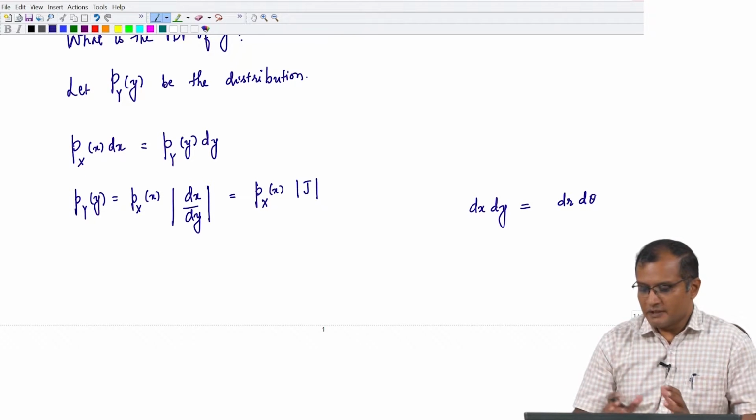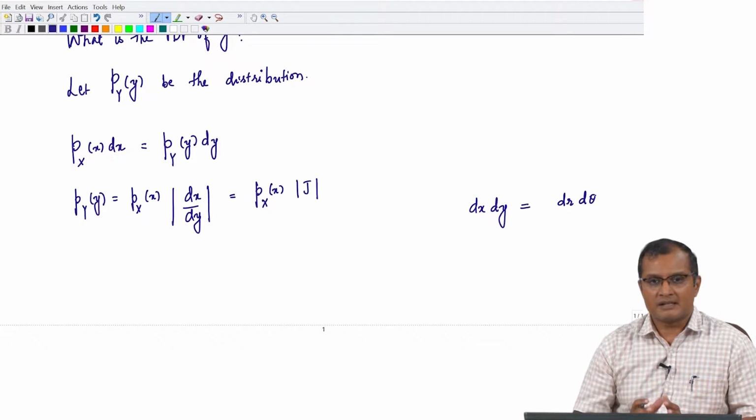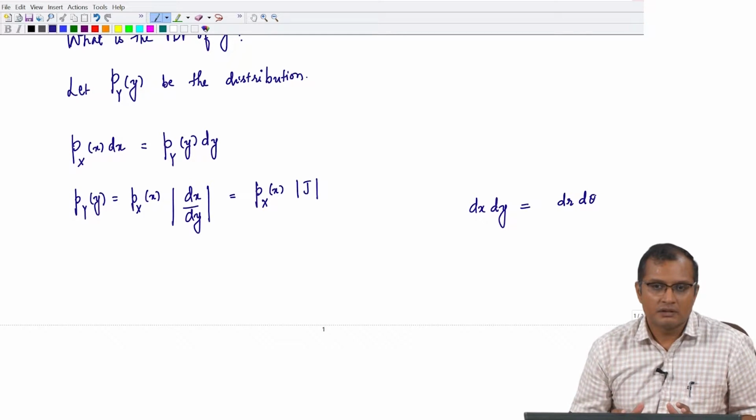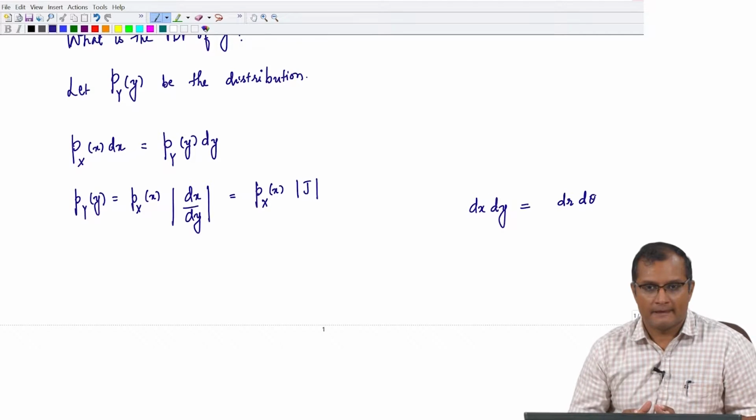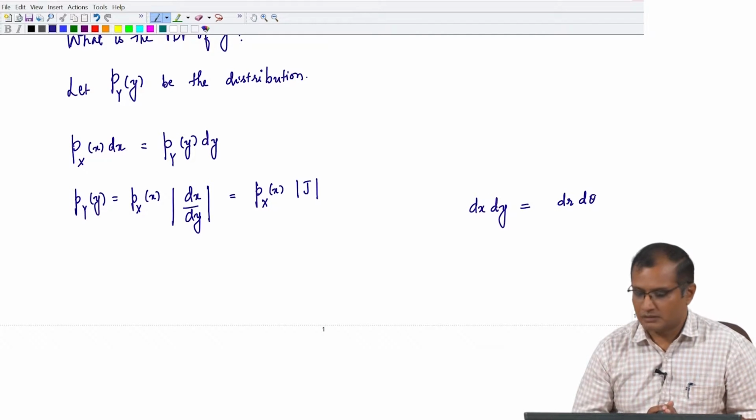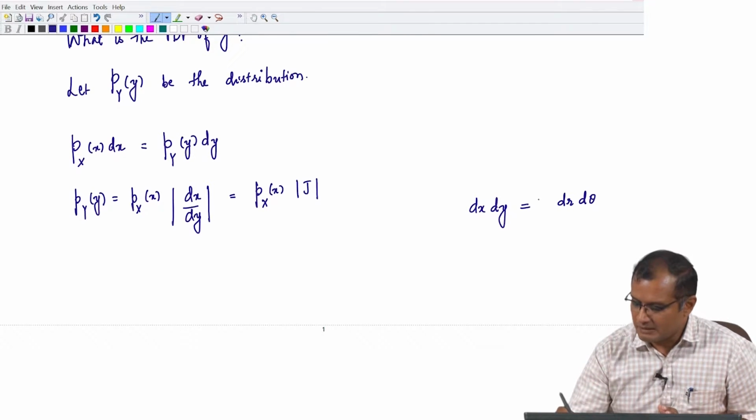Now, the left hand side is an area element, it has dimensions of length square. If you look at the right hand side, it is just length. So, clearly something is missing here, and the something that is missing is the Jacobian of the transformation.